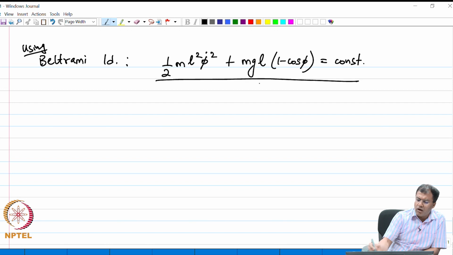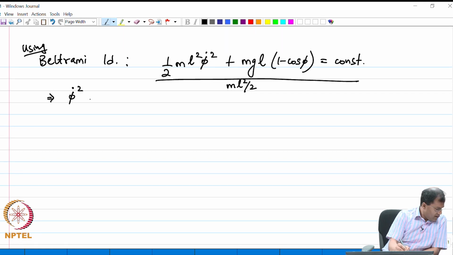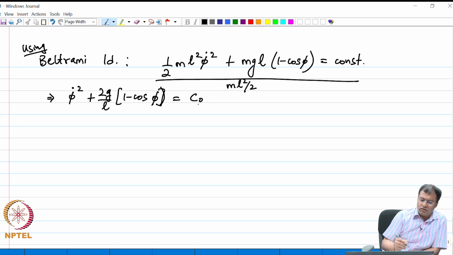So, we divide throughout by mL² by 2, and we get the following expression: phi dot square plus 2g by L (1 minus cos phi) is equal to, let us say, a constant C0.